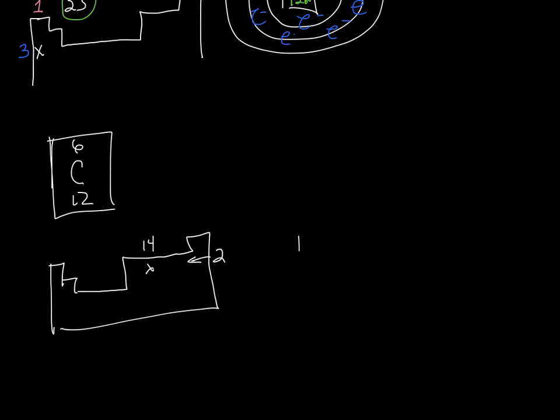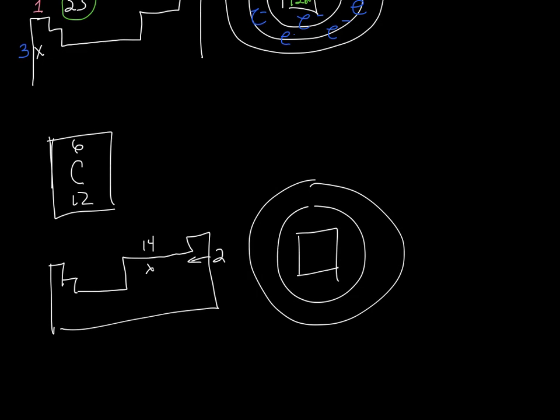So if you were to draw a Bohr model, it'll have 2 orbitals because it's in the 2nd period. It's in the 14th group, which means it has 4 valence electrons. 1, 2, 3, 4.